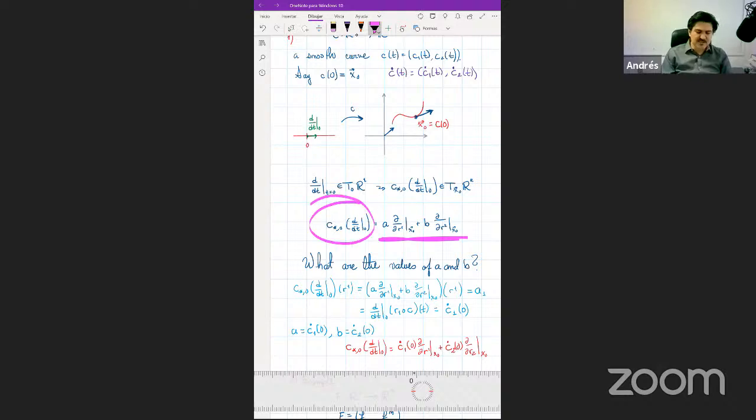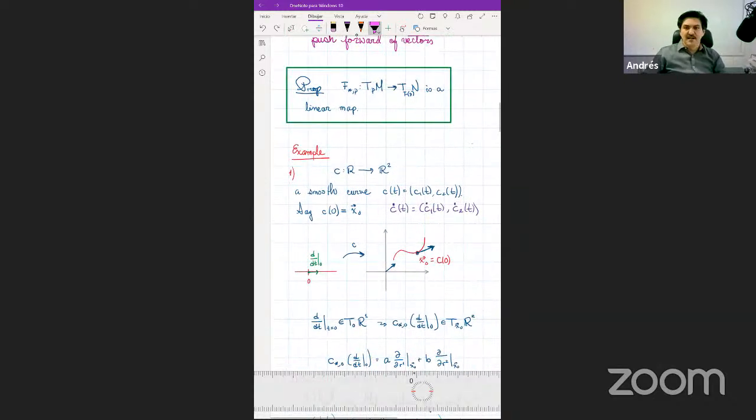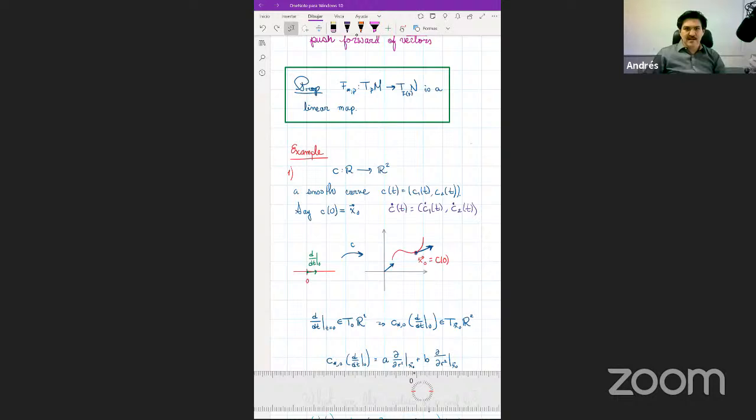Because I know that this is a vector, and I have the basis, so it only remains to determine the value of the scalars A and B. Right, so any question? You're okay? Great.